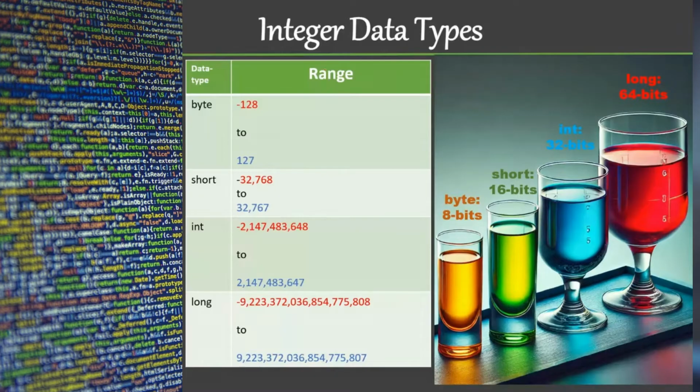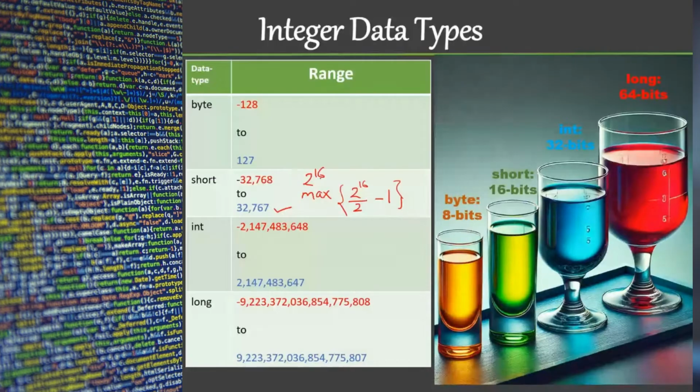For short, it would be 2 to the power 16. These are the distinct values. And the maximum value is 2 to the power 16 divided by 2 minus 1, making it a slightly complex expression, but I hope all of you are from mathematics, so you will understand that. This value will come out to 32767.